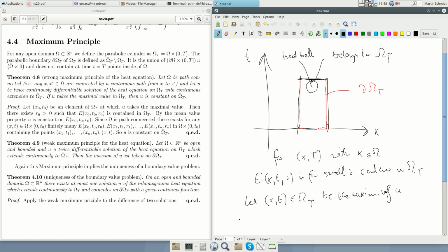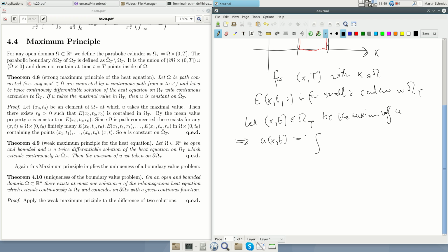Then we have u of x, t is equal by the mean value property to 1 divided by 4 times r to the power of n, the integral of u of y, s, y squared over s squared dy ds, over the heat ball E(x, t; r) for small r, such that this ball is a subset of the parabolic cylinder.